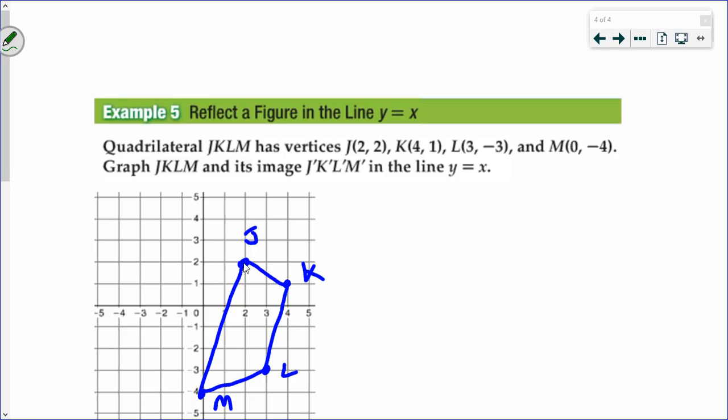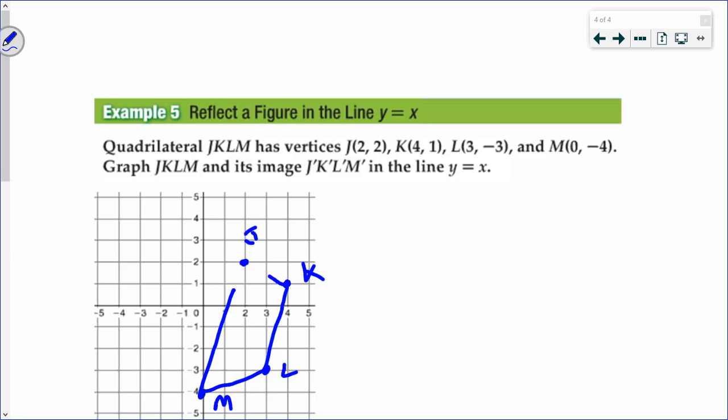So the line y is equal to x again contains these points. Plotting them only to help my accuracy on this graphing. So that is the line y equals x. Still missed it a little bit, but we're trying to. I don't like that, so maybe a slight correction here. If I don't do this accurately, and if you guys don't do this accurately, so point J was at (2, 2), it's just not going to turn out to look good, and we want it to look good.